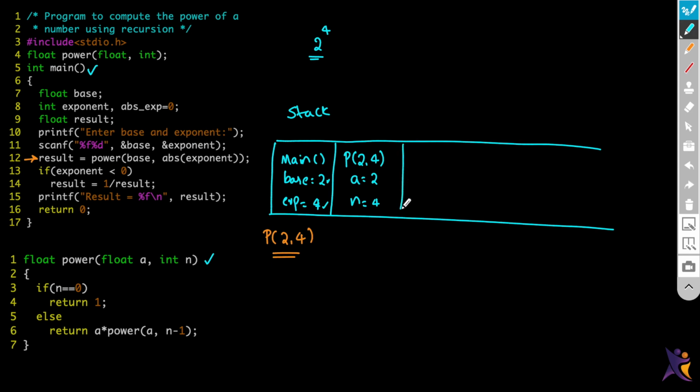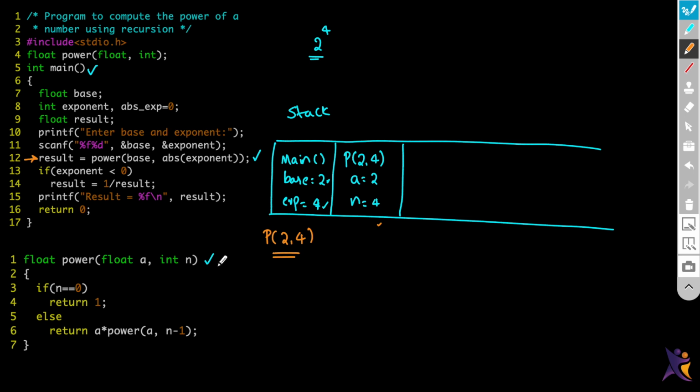This is a new activation record that is created when this function is called. Along with this activation record, it also saves the address of the instruction which needs to be executed after executing this. Are you getting this?